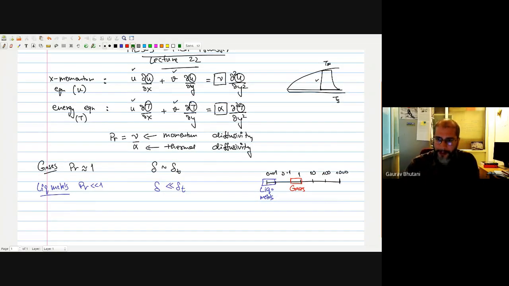And then on the further right of the spectrum, I have materials for which the Prandtl number is much larger than 1. An example of this is oils. Okay, so oils have momentum diffusivity which is much larger than their thermal diffusivity.